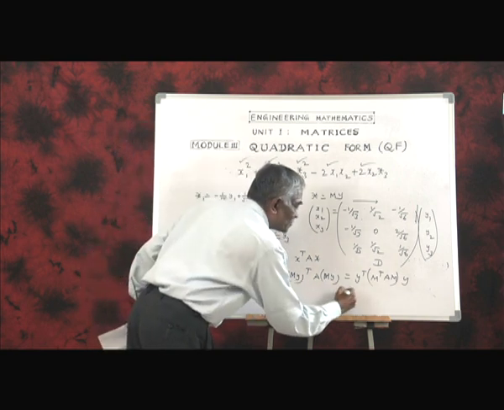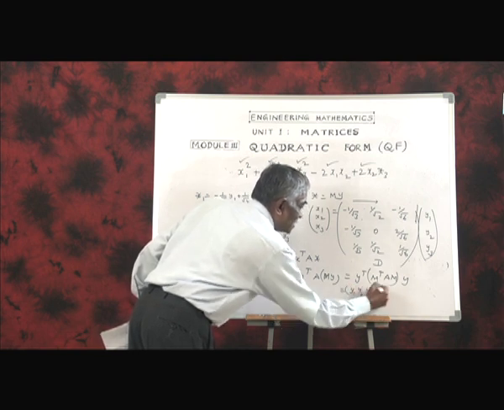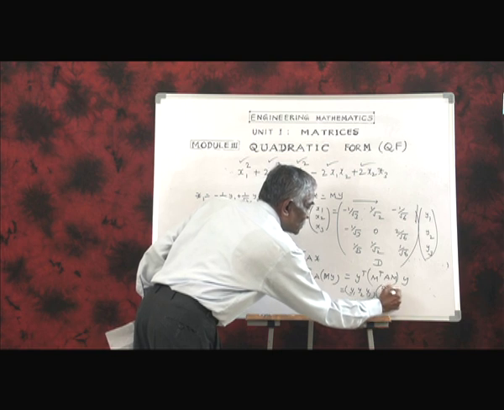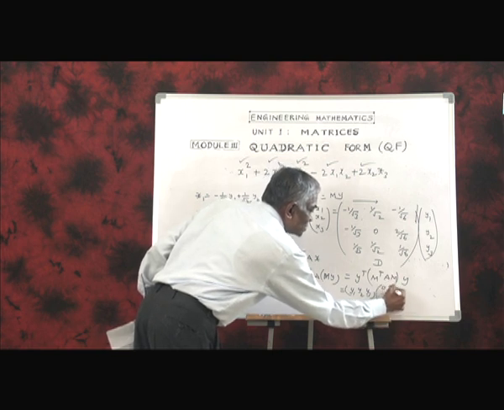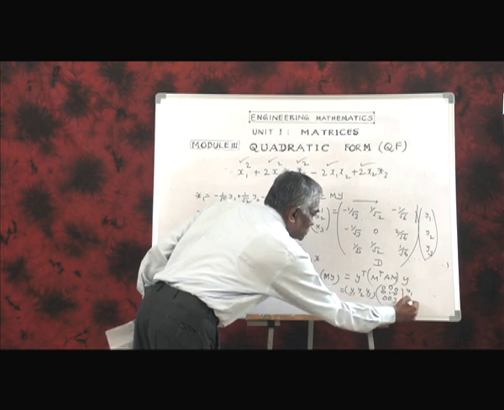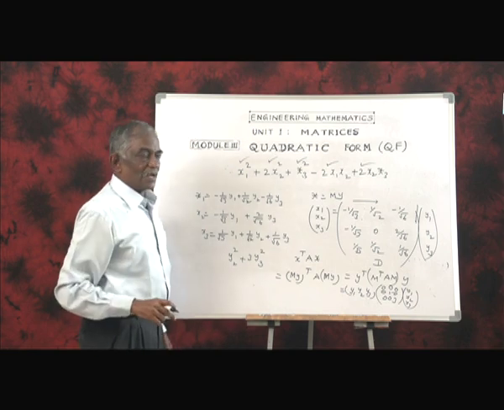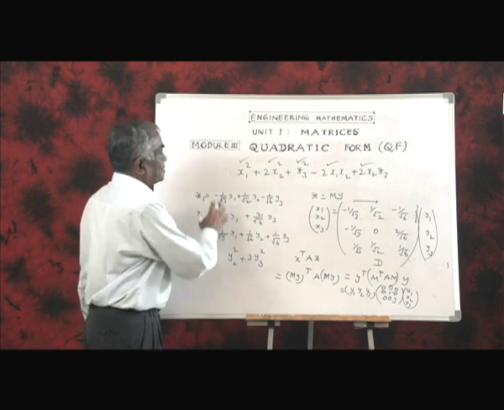That is why this is y transpose, meaning y1, y2, y3. Then this is the diagonal matrix 0, 1, 3 with the other entries 0, and this is y1, y2, y3. On expansion you will get y2 square plus 3 y3 square, and that gives the proof of this quadratic form.